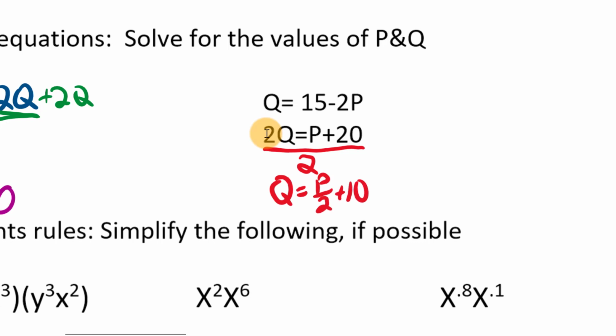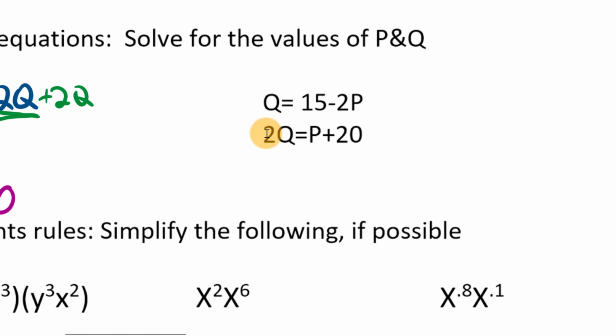And then we would have both of these things, 15 minus 2P and P over 2 plus 10, are both equal to Q. And then we could set those equal to each other, solve for P, plug back in to get Q. That's one way we could do it. I'm going to try a different way here.